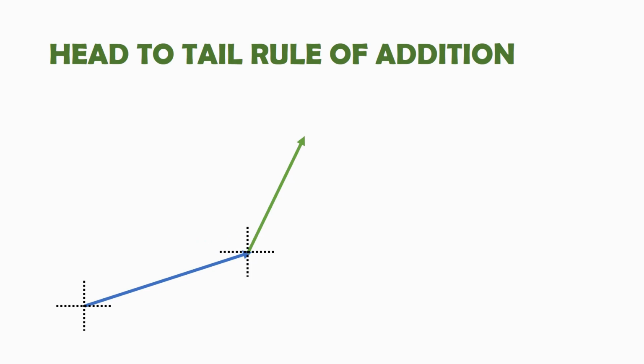Now we would use the origin of the first vector, and from there connect with an arrow to the head of the second vector.